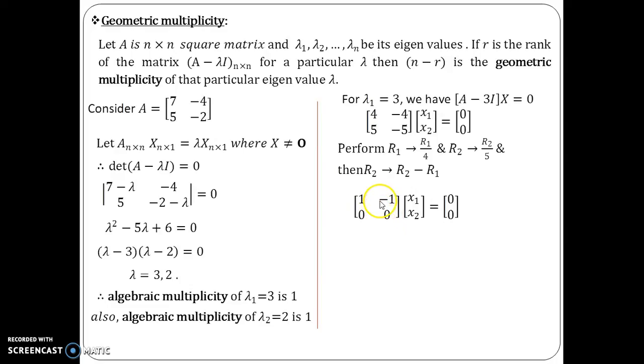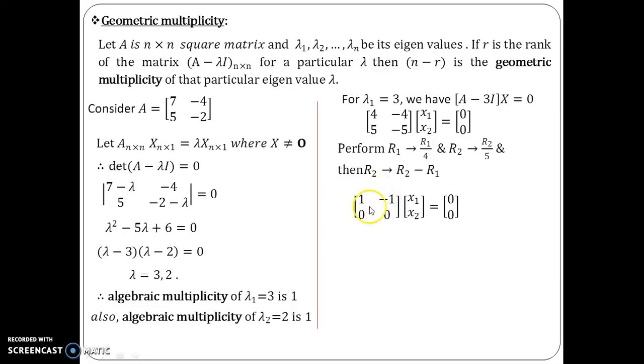Okay, so if you observe this 2 cross 2 matrix, it is nothing but a row echelon form of the matrix. In row echelon form, if you remember in my first video lecture, I told you that the row echelon form of the matrix gives the rank of the matrix.